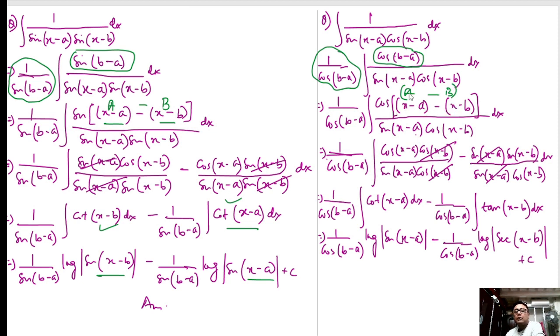So which is looking like cos a minus b, which is cos a cos b minus sine a sine b. So these cut. So it becomes cot x minus a, and this becomes tan x minus b. Integration of cot x is log sine x, and integration of tan x is log sec x. So that is the answer of this.